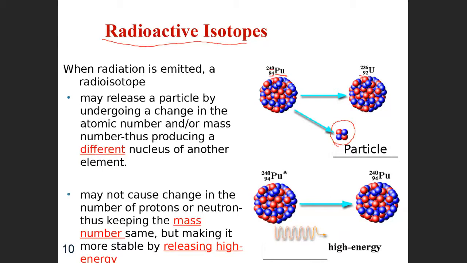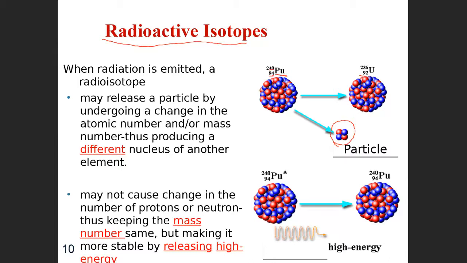And this is the nucleus of another element, which is uranium. So plutonium, which is an unstable or radioactive isotope, will emit particles to change to uranium.